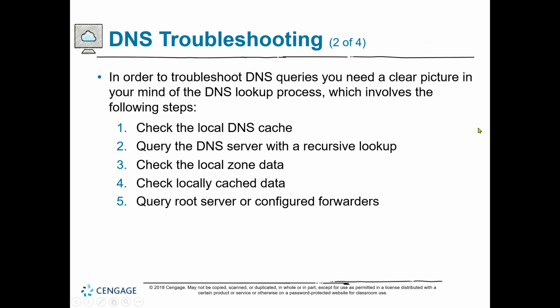In order to troubleshoot DNS queries, you need a clear picture in your mind of the DNS lookup process, which involves the following steps. This one is another one that you might want to keep.